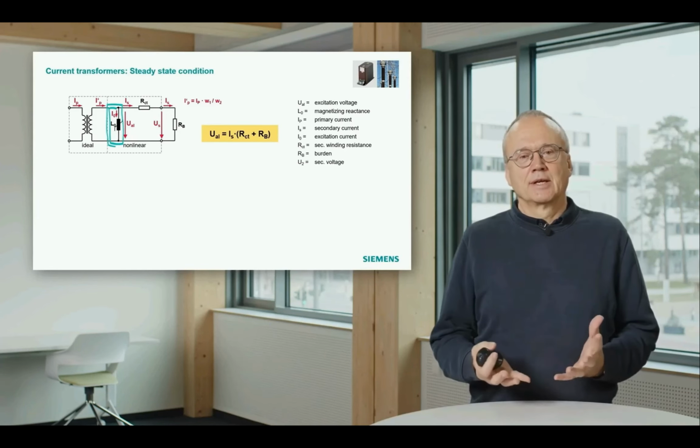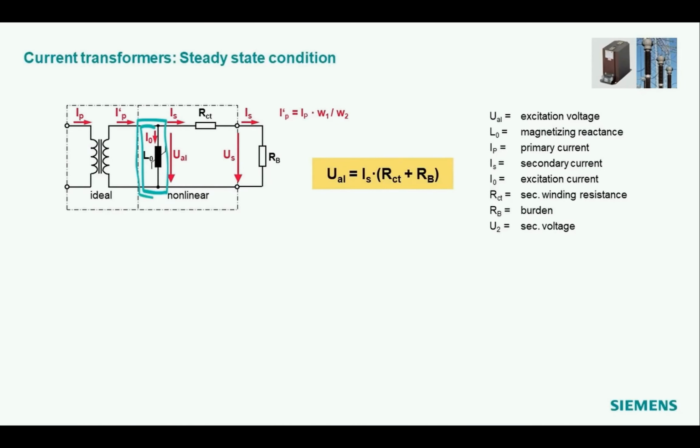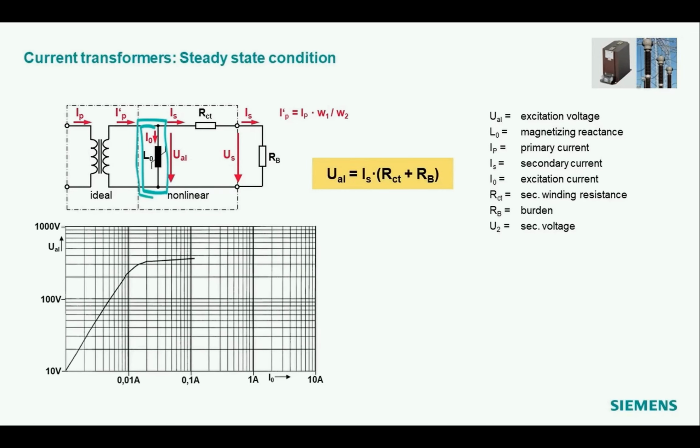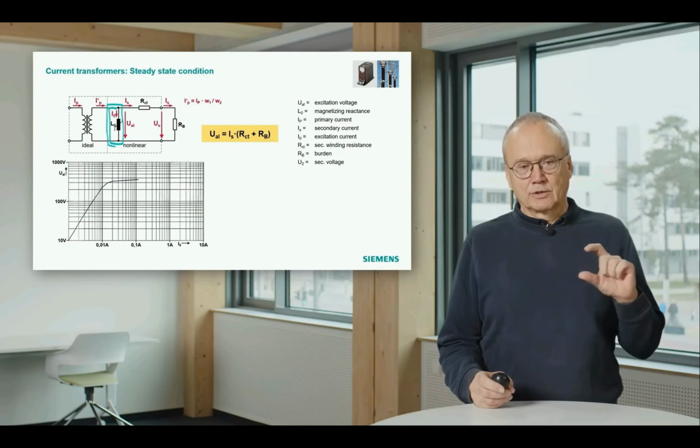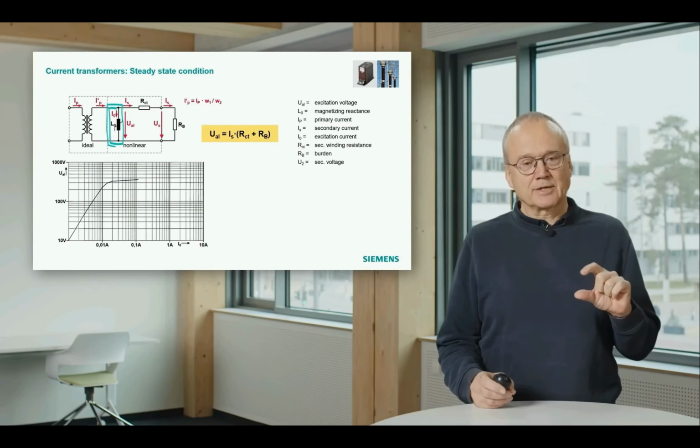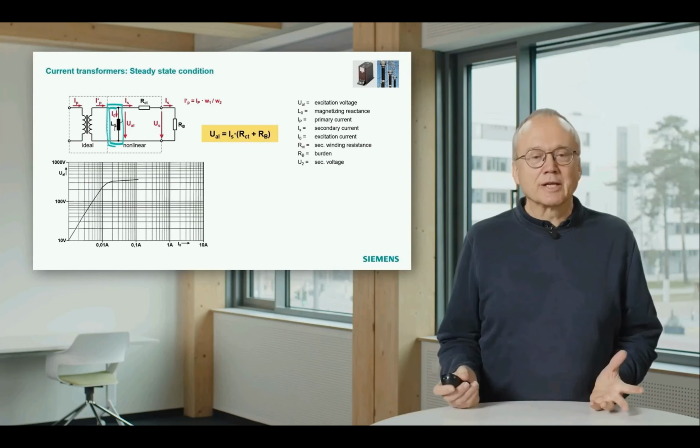This is defined by the iron core, and iron unfortunately has a nonlinear behavior, which can be described by such a curve. This curve shows the voltage across the magnetizing reactance on the vertical axis against the current. As long as you have low voltage across the magnetizing reactance, the current is really low.